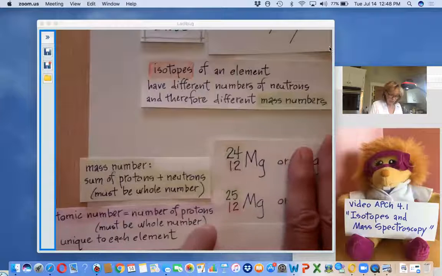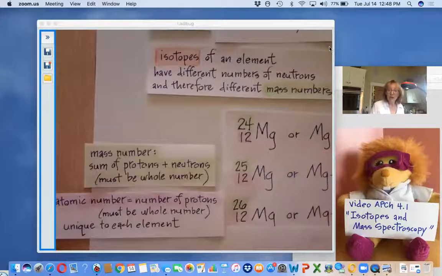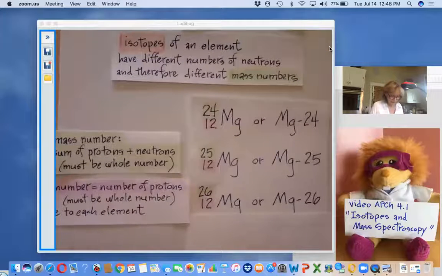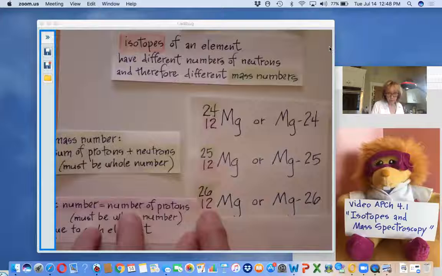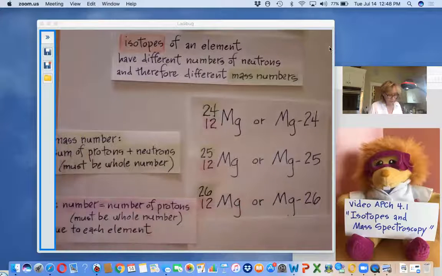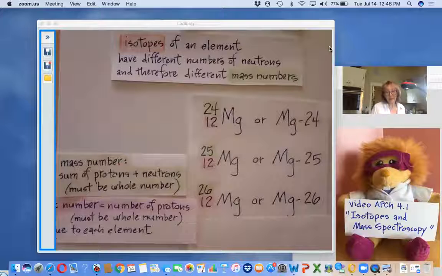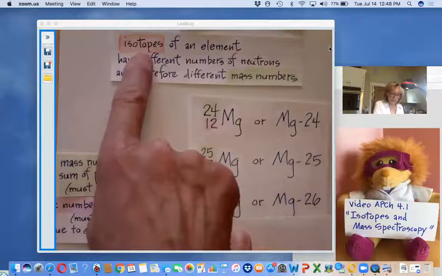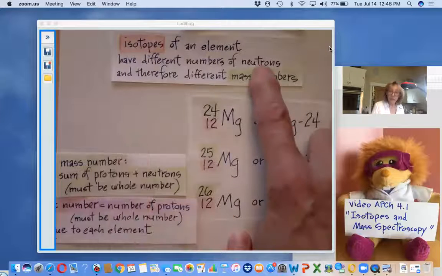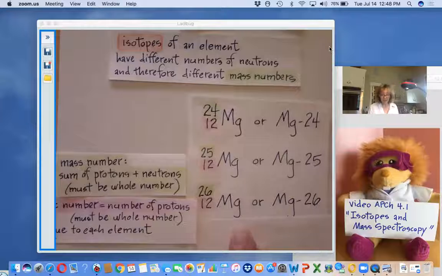And then there is yet a third isotope of magnesium called magnesium 26. It also has the 12 protons. It has to in order to be magnesium. But the mass number of this isotope is 26. So again, these are three different isotopes of magnesium. They differ from each other in their number of neutrons and therefore in their mass numbers.